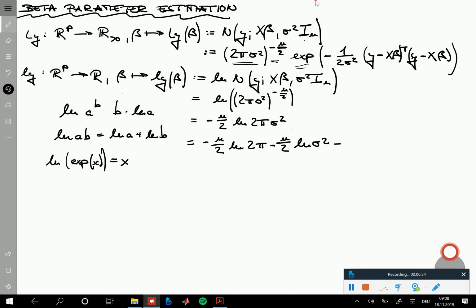So we get minus 1 over 2 sigma square, y minus x beta transposed, y minus x beta. So that's now our log likelihood function that we want to maximize with respect to beta in this case, and then later also with respect to sigma square. And yeah, so essentially we need to compute the derivative.